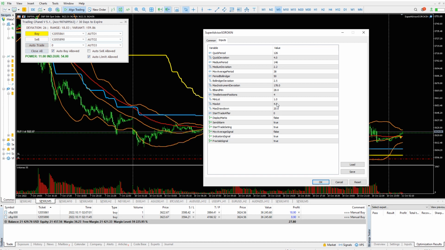Actually, for SP500, if you have $20,000 on the account, the maximum I would say is 3. Keeping a maximum of 5 lots is very critical, because with strong volatility it can close your account.